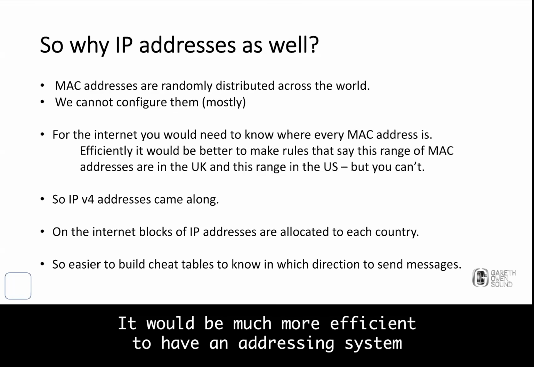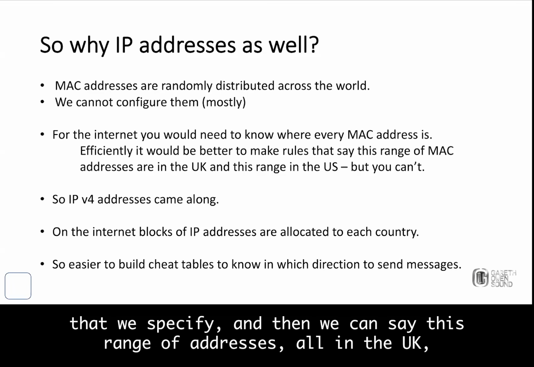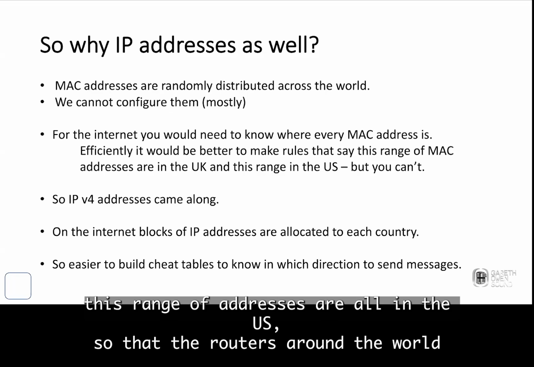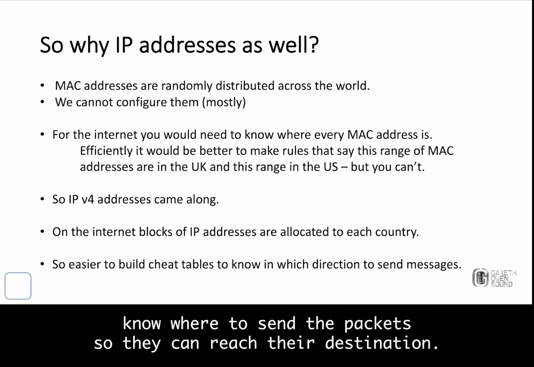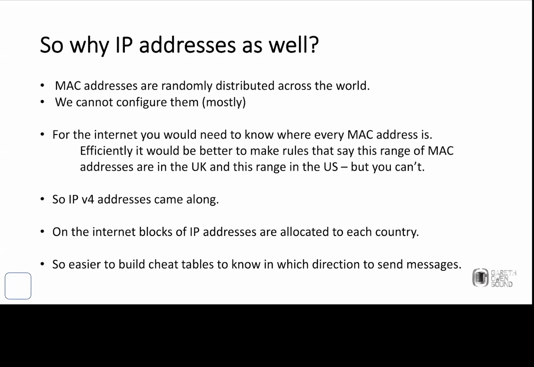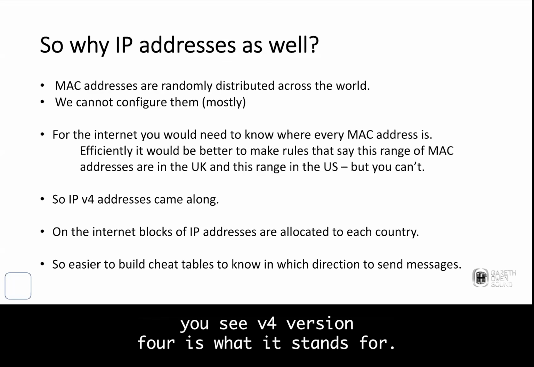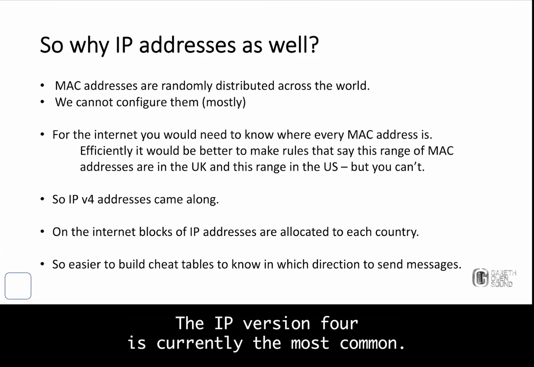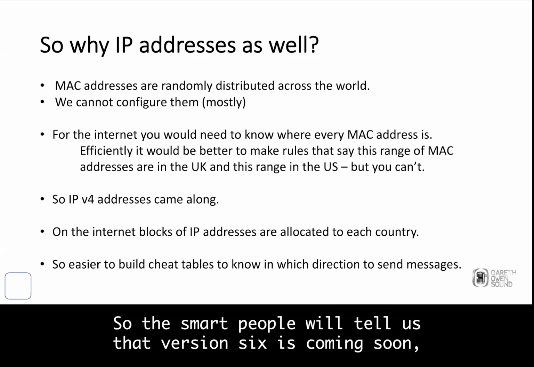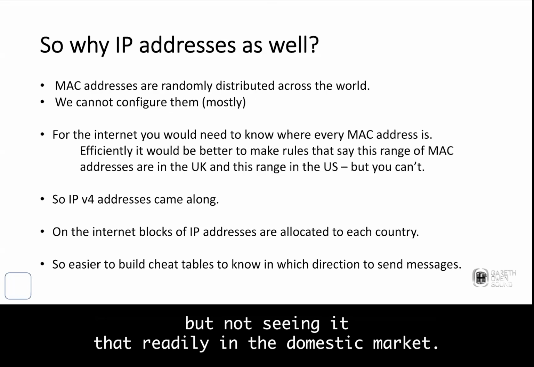It would be much more efficient to have an addressing system that we specify, and then we can say this range of addresses are all in the UK, this range of addresses are all in the US, so that the routers around the world know where to send the packets so they can reach their destination. So IP, and quite often you see v4, version 4, is what it stands for. There are many versions of IP, but IP version 4 is currently the most common. The smart people will tell us that version 6 is coming soon, but we're not seeing it that readily in the domestic market.